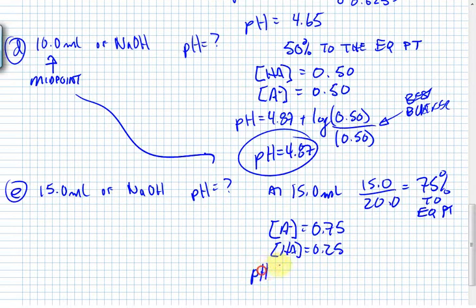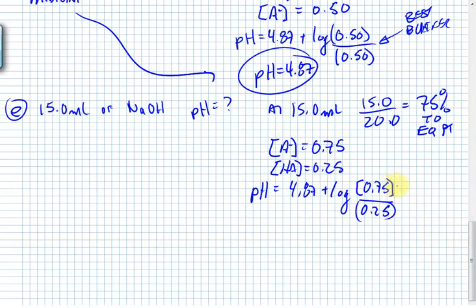One more time, pH equals 4.87 plus the log of the A minus concentration, 0.75 over 0.25. Okay. Notice now that the base concentration is higher than the acid concentration.